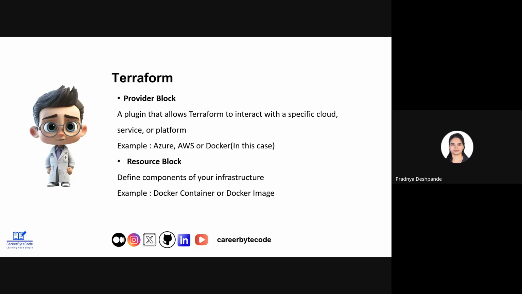No. Even if you want to create a resource group from the Azure portal, you need to mention the resource group name, and what else, the location where you want to create it. Everything you need to mention. In a similar way, using this resource block, you can define your components to prepare your infrastructure.